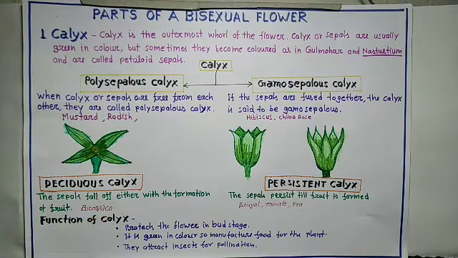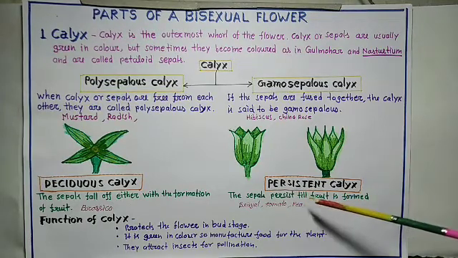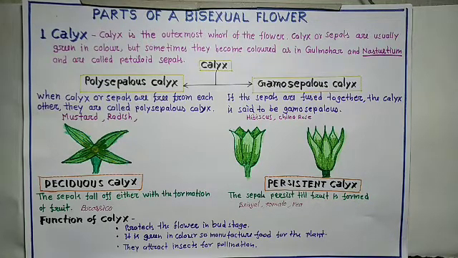Example is Brassica campestris. Now persistent calyx. The sepals that persist till fruit is formed are known as persistent calyx.